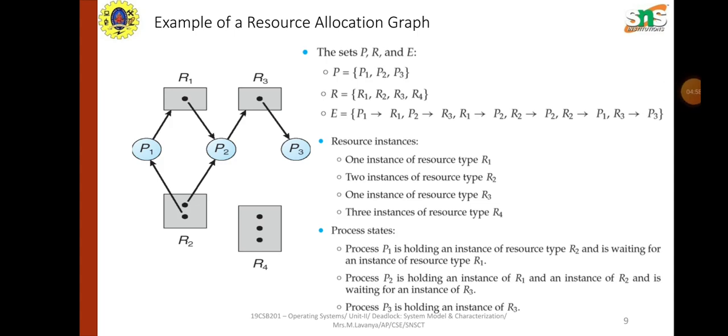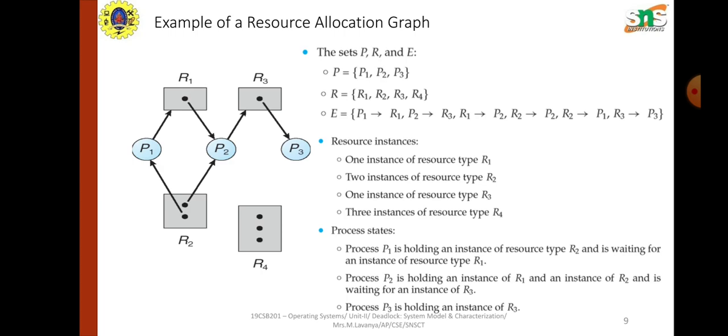This is an example of a resource allocation graph. The resource allocation graph consists of the vertices of processes and resources. Here there are three processes, P1, P2 and P3, and the resources are R1, R2, R3 and R4. R1 and R3 are single instance resources, R2 has 2 instances, and R4 has 3 instances.